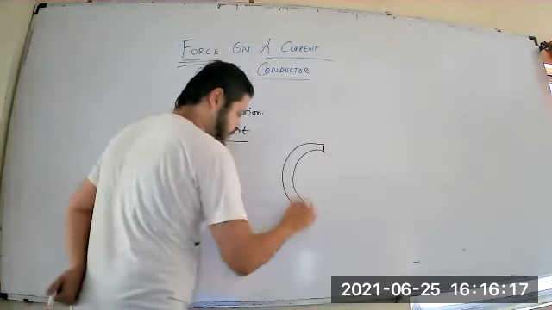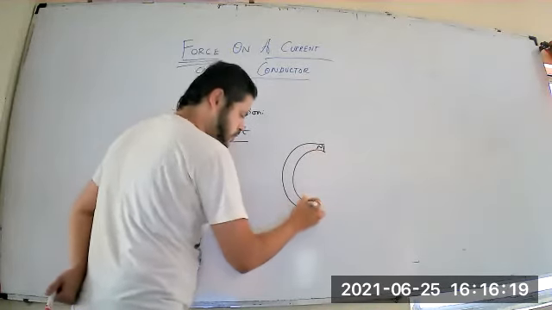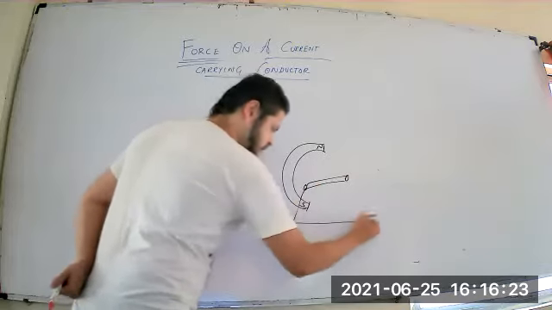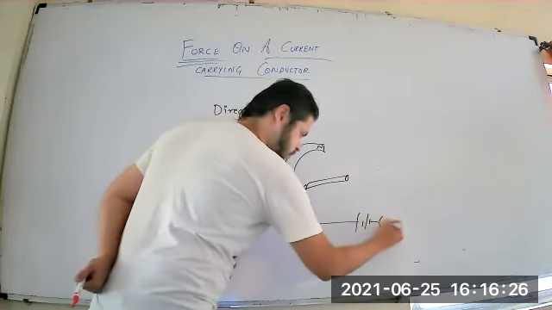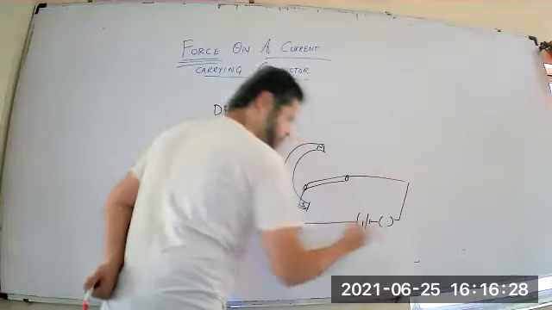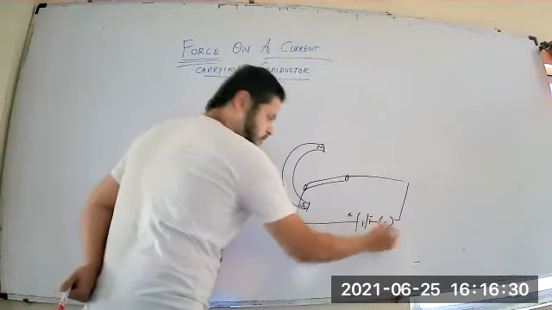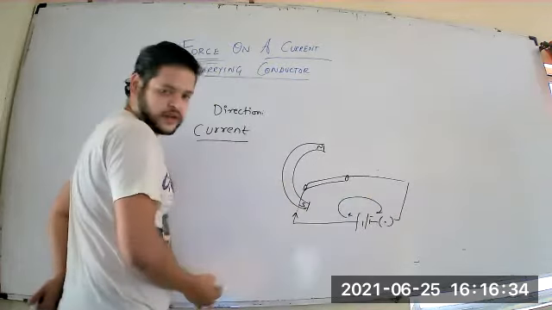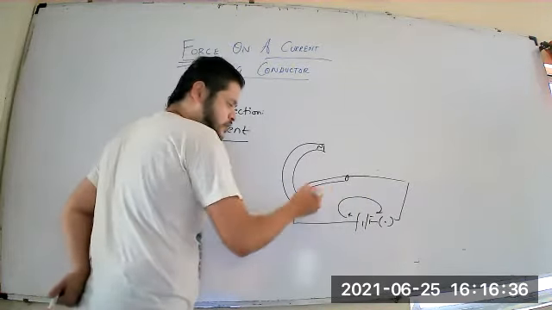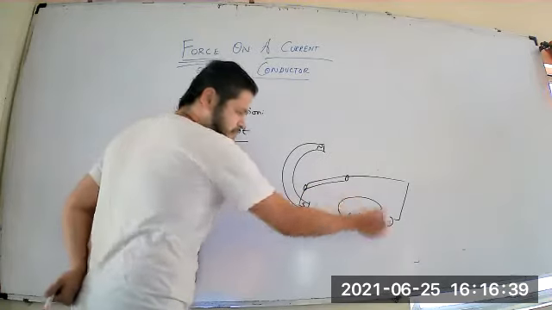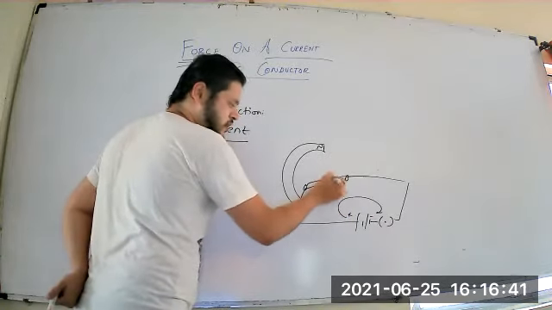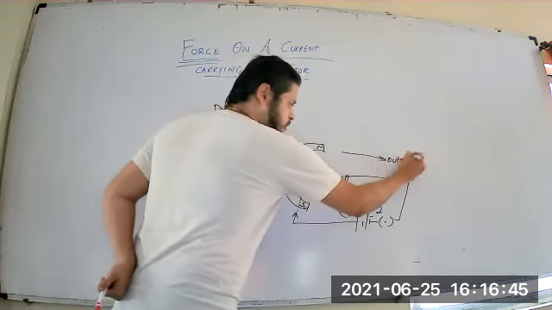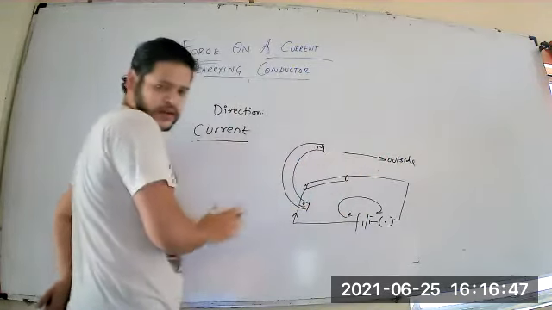This was the magnet, the north pole, south pole. This is the conductor carrying current. When I switch it on, the current is going to flow from positive to negative. We assume that for this position, the force exerted is outside, so the conductor is pushed outside.